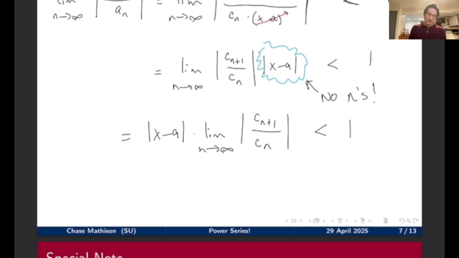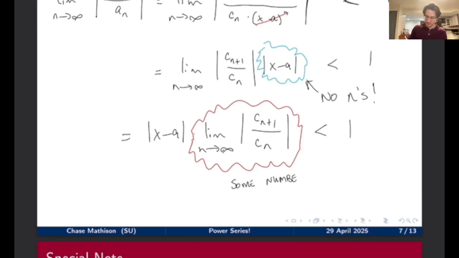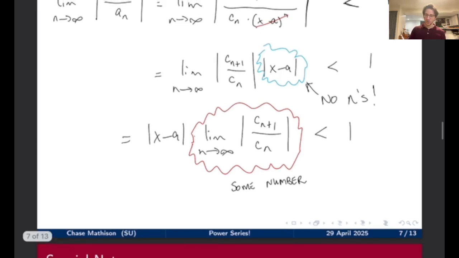Now this thing, now that we've done this, is just a number. In a lot of cases, this is some number that we'll call capital K. It's got to be bigger than or equal to 0.